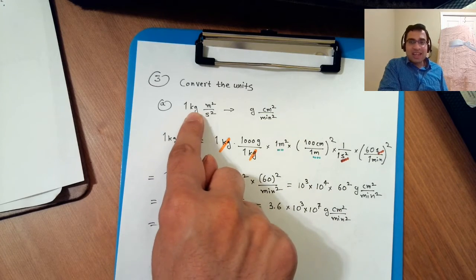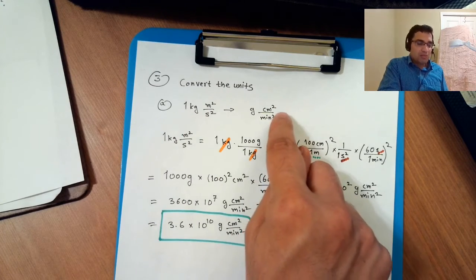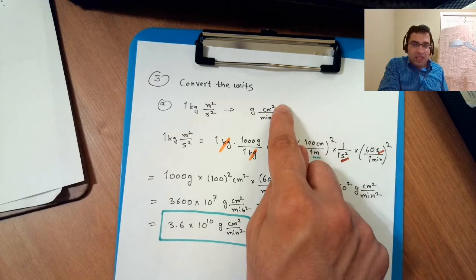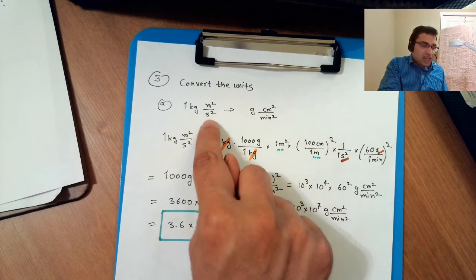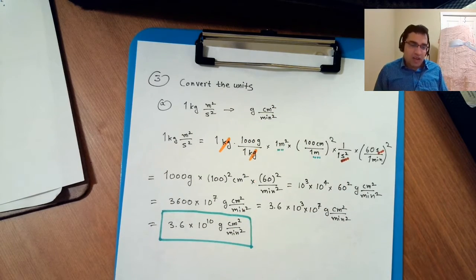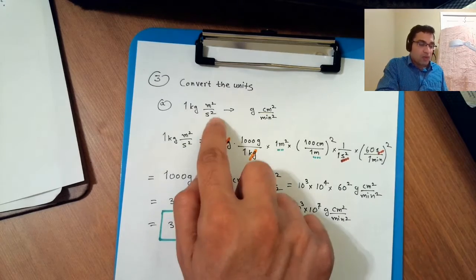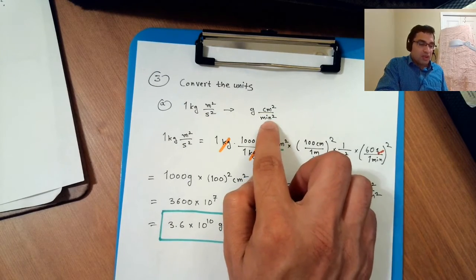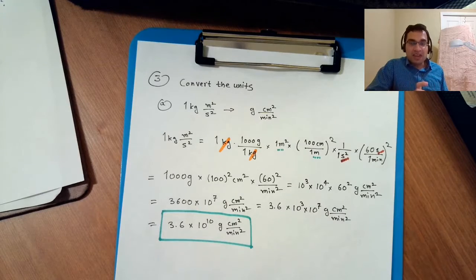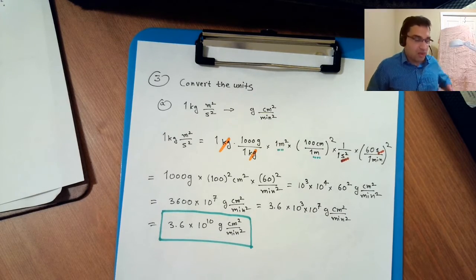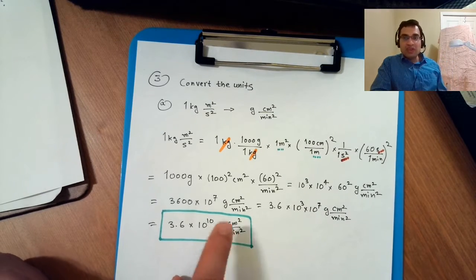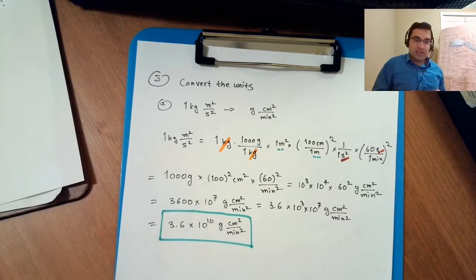So you multiplied by 1,000 here, then you multiplied by 10,000 over here, and then from second you went to minute, but that's in the denominator, so that made the number even bigger. That's why we ended up with a really big number, because now instead of 1 second, we're measuring this quantity over a minute, and that's a much bigger number. So intuitively, or logically, this answer makes sense.